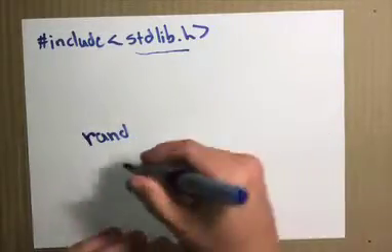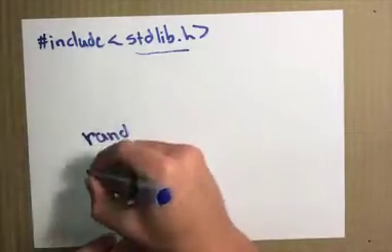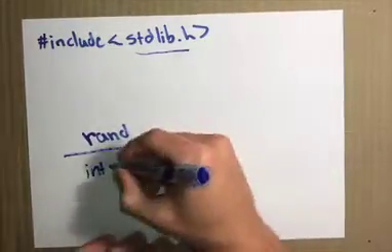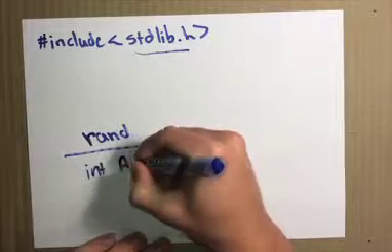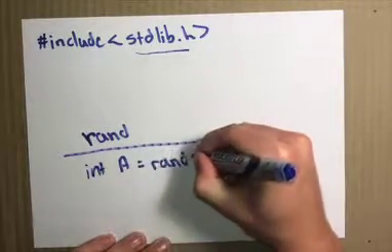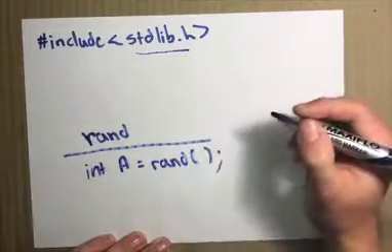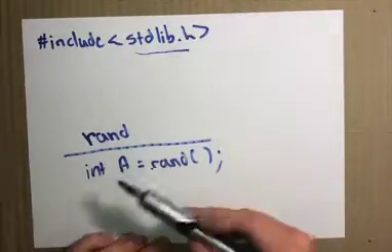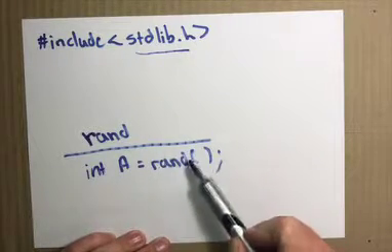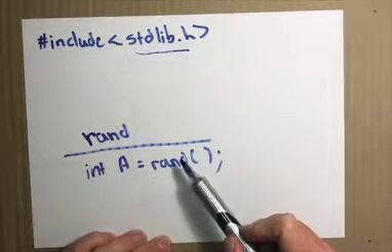So let's say, for instance, inside our main program, we have an integer called a, and a is equal to rand(). A will have a random value of what this function uses.